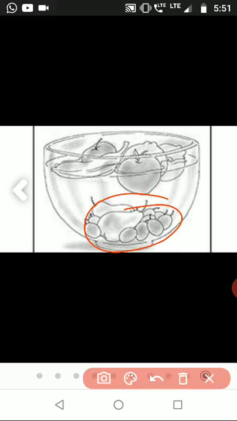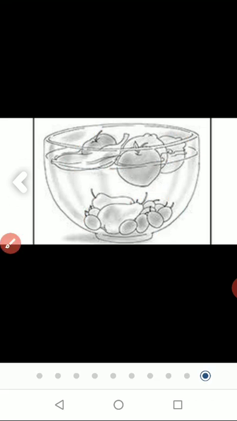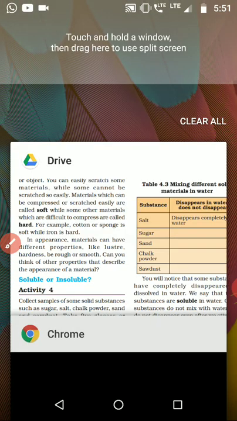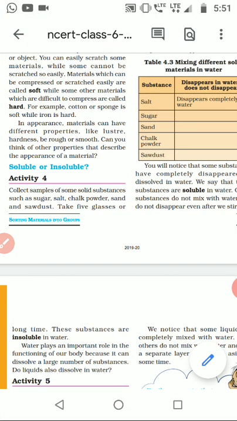Some of them sink and some of them float. So you can try this experiment of sink and float with various things, and soluble and insoluble also with various things.